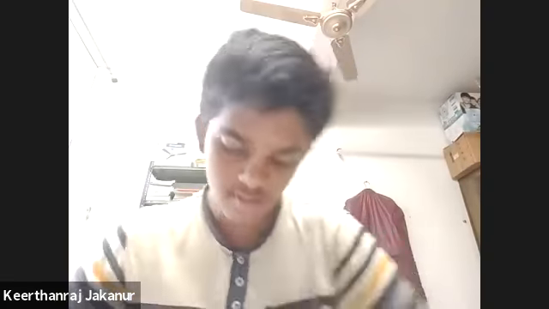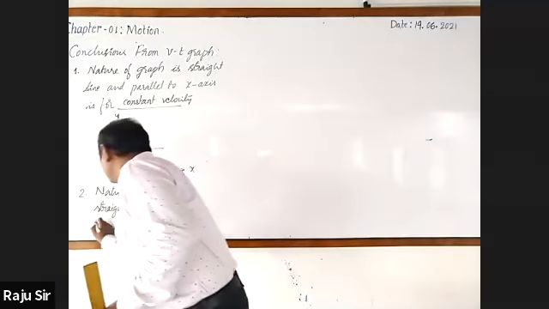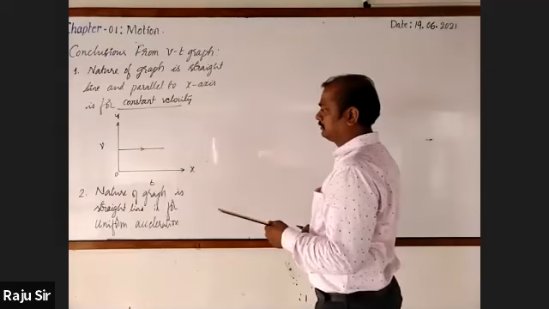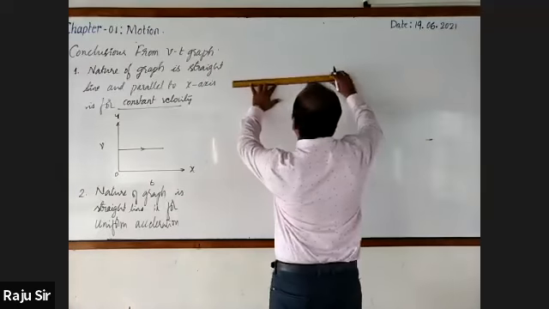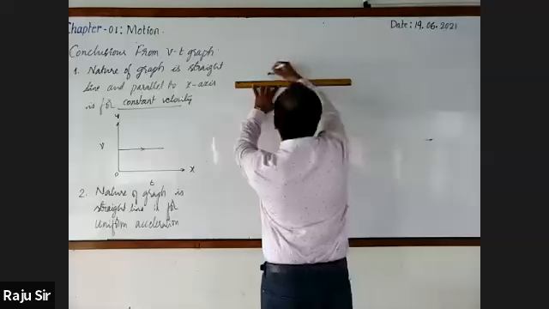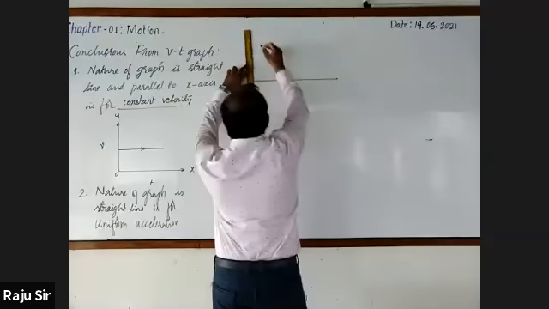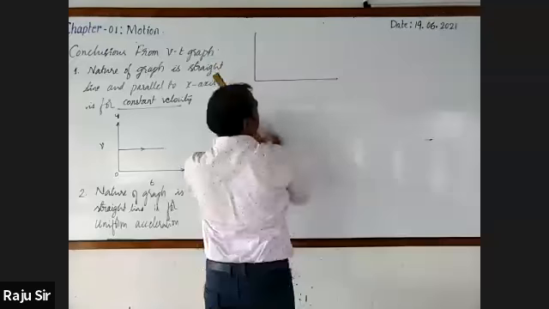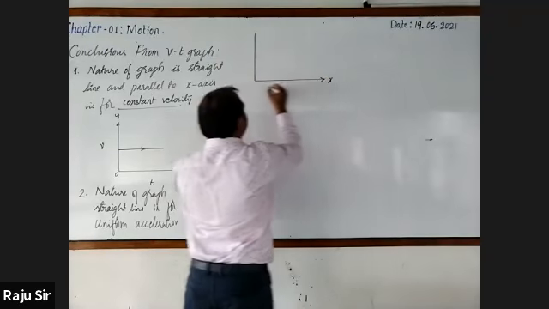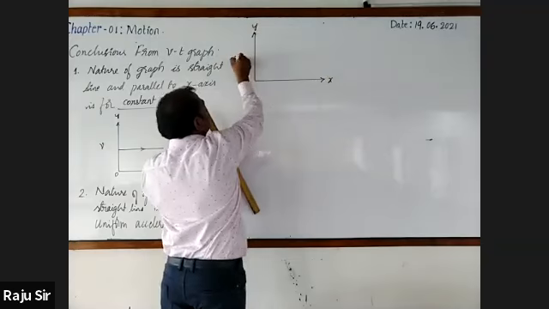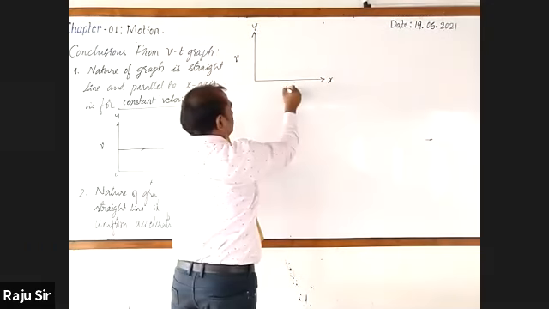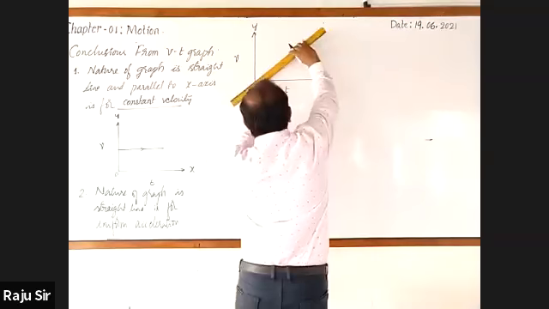Straight line is for uniform acceleration. You can draw the graph. X and y axis. Mark them. This is velocity axis and this time axis. Here I draw.